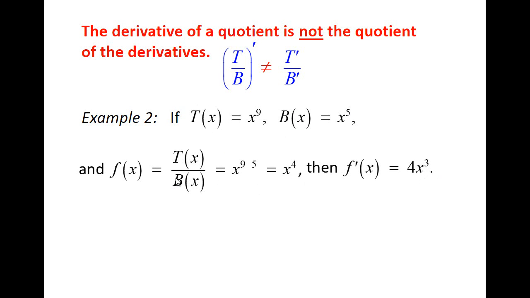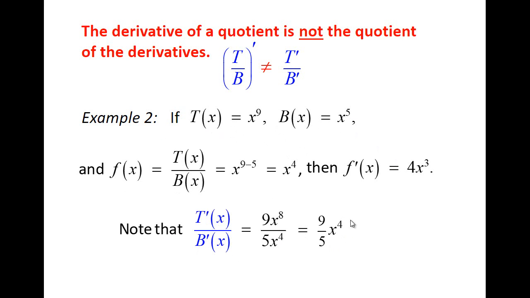Now let's look at the ratio of the derivatives of the top and bottom. So what's the derivative of the top and the bottom? The derivative of the top would be 9x to the 8, and the derivative of the bottom would be 5x to the 4. So if I take the ratio of the derivatives, that would be 9/5 x to the 4.